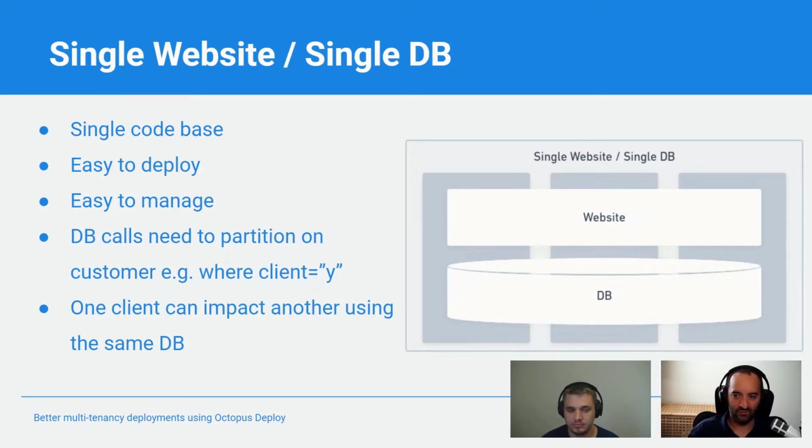A missed where clause on one of your new queries can make for a terrible day for your team. And I think one of the other things that isn't necessarily talked about as much is that one client can directly impact another when you're using that same database. So if you've got a noisy neighbor running, I don't know, 4 years worth of administrative reports, that can affect the available resources for all of your other customers as well.